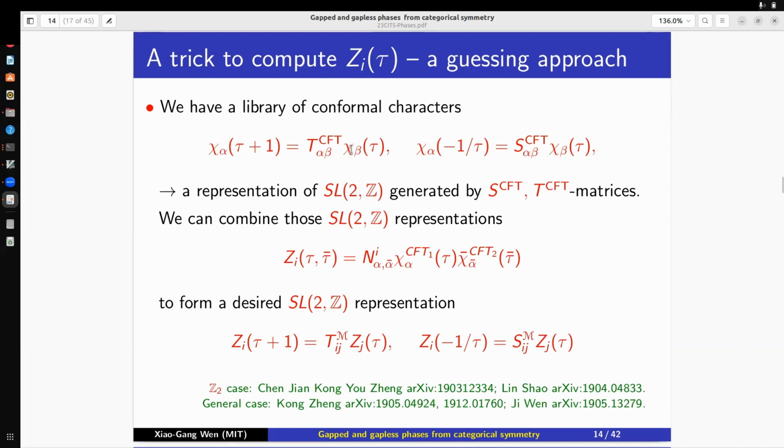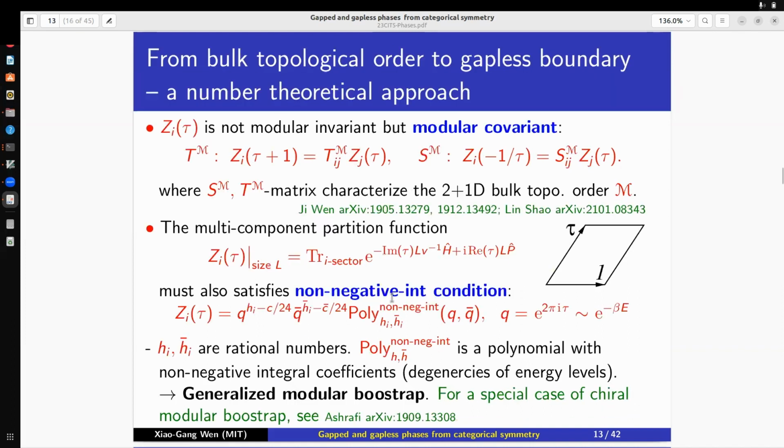For each chiral CFT, we have some partition function or character, and they transform like that. These conformal characters satisfy those conditions. They have this form: polynomials with non-negative integer coefficients. So we have a library for that.